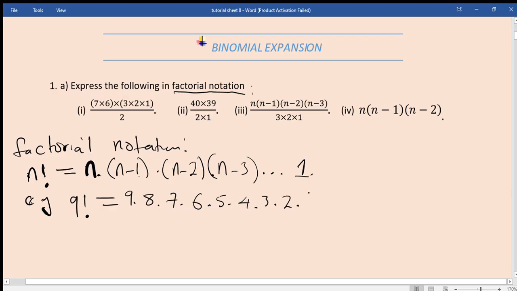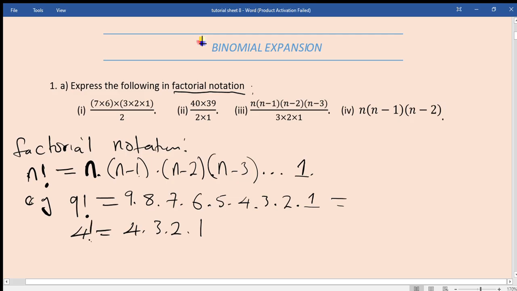That's why we stop. Then you punch in the multiplication to get a value. Likewise, 4 factorial is 4 multiplied by 3 multiplied by 2 multiplied by 1.